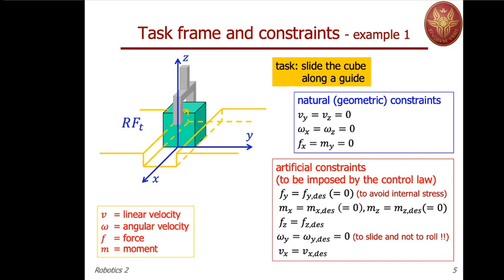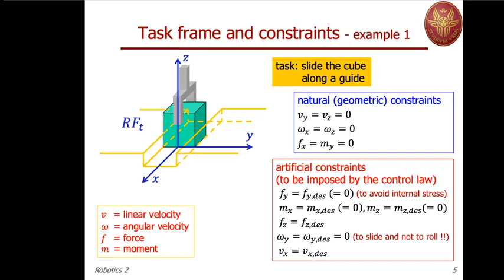What does it mean? That we could impose that the cube slides correctly along the guide while pushing against a side of the guide along the y direction, positive or negative. So we could impose through control that the contact force and the reaction that the environment generates accordingly will be any positive or negative value Fy desired.